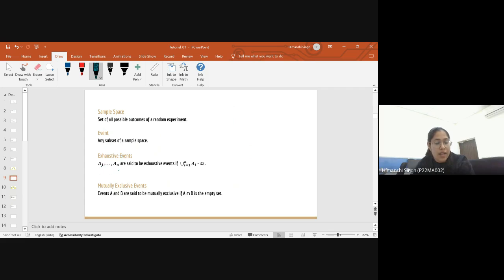If I have events A1, A2, ..., An such that their union totally exhausts the whole set omega, then we'll say that A1, A2, ..., An are exhaustive events. Now, if I have two events and their intersection is an empty set, then I say that these two events are mutually exclusive events. So these are the basic terminologies which we will be using further.